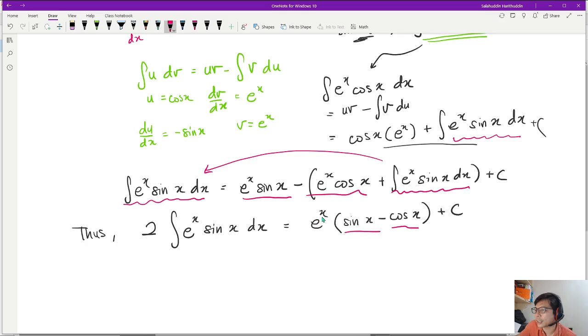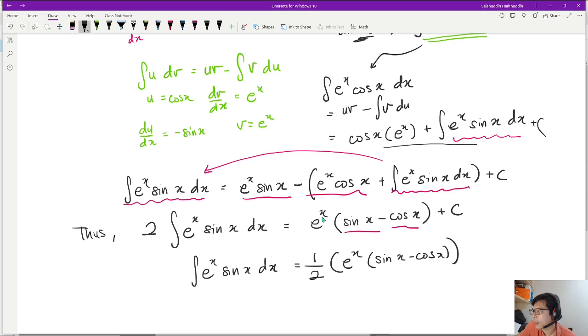So now what I need to do is just, I know that this integral of e^x sine x dx is equivalent to, bring the 2 up here. This is quite tricky. I like this question. Okay, plus constant. There you go.